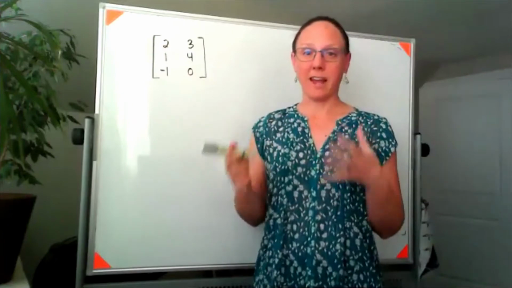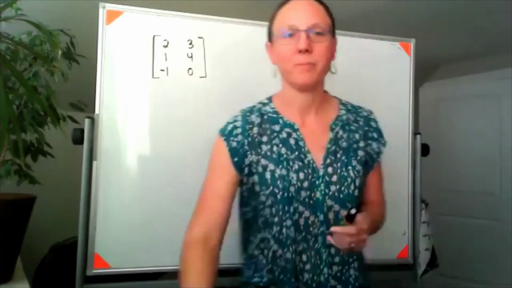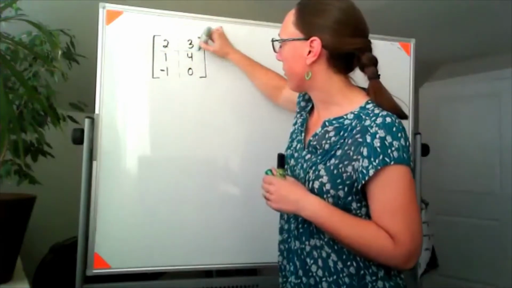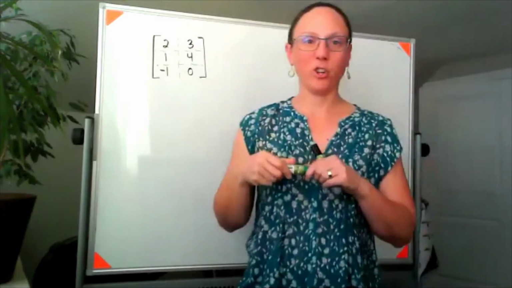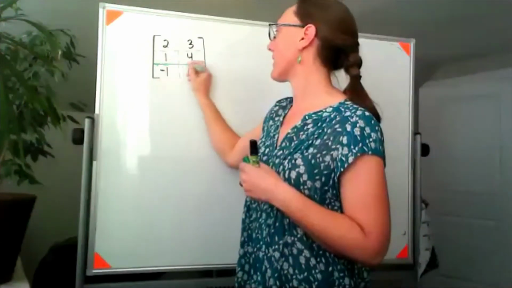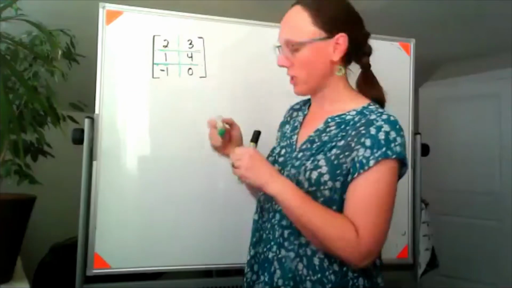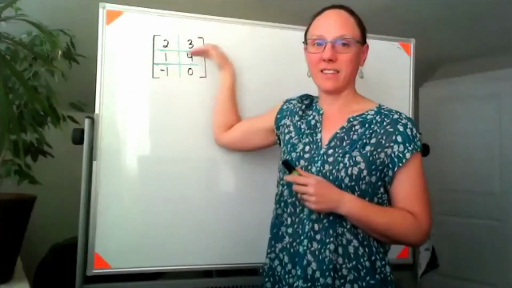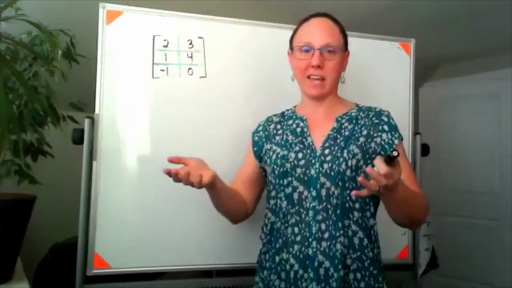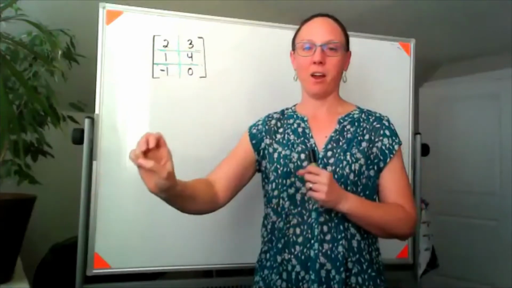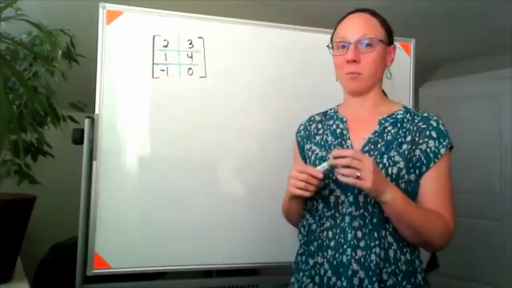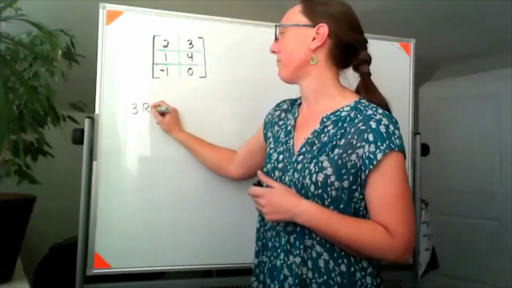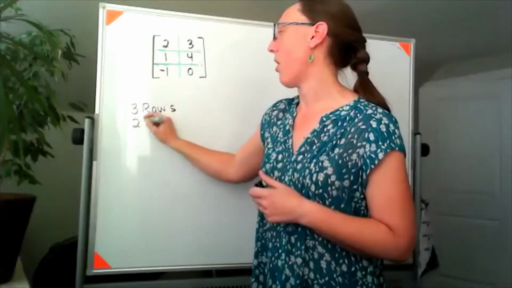To make the analogy to an Excel document, in Excel you'd have a grid in your Excel or Google Sheets spreadsheet, and these things are called columns and these things are called rows. That's the same whether we're talking about it as a spreadsheet or as a matrix. So this matrix has 3 rows and 2 columns.